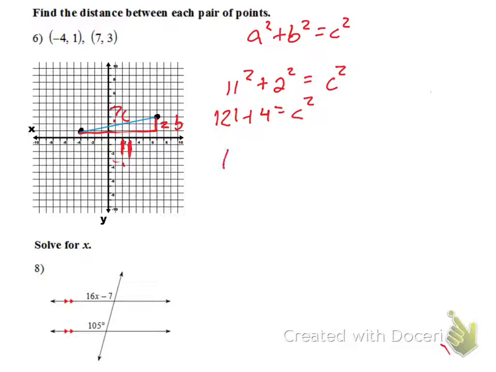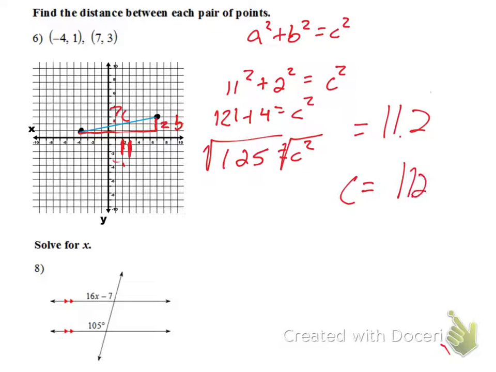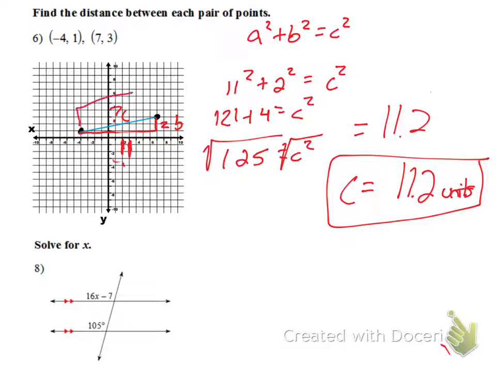That would be 125 is equal to c squared, and then I want to take the square root of that to find what c is. So the square root of 125 is equal to 11.2, because I'm rounding to my tenths. So c is equal to 11.2 units. And that's giving the distance from here to here.